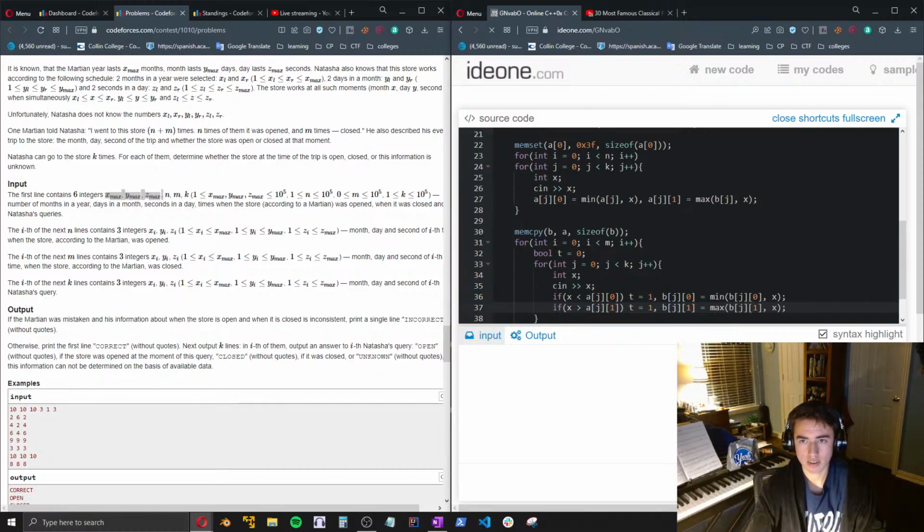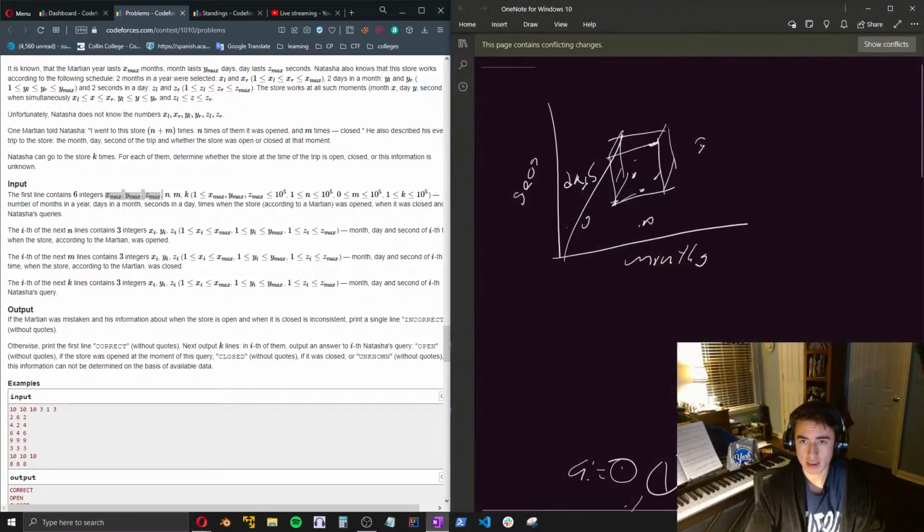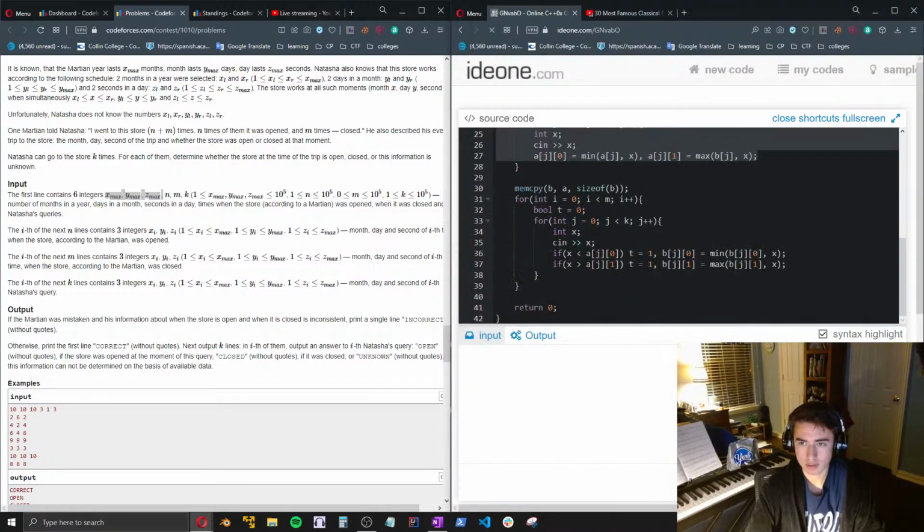Alright, so this is the inner bounding box that has to be bounding the n points. And then now we need the largest box that the m points surround, that the box surrounds the inner box. And then if not t, cout. Incorrect.